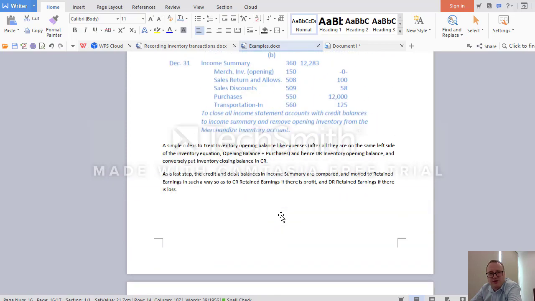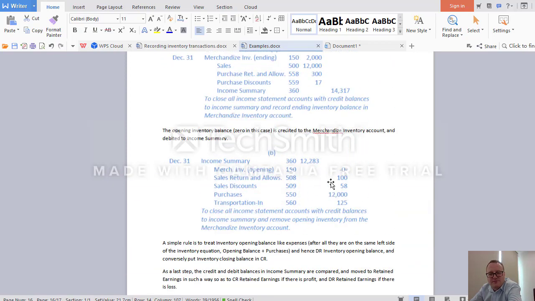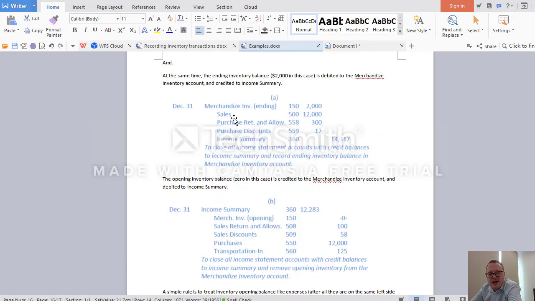So first of all, you will add sales and purchase returns and allowances and discounts, and merchandise inventory ending would be added together with sales and contra expense accounts. You will get 14,317.